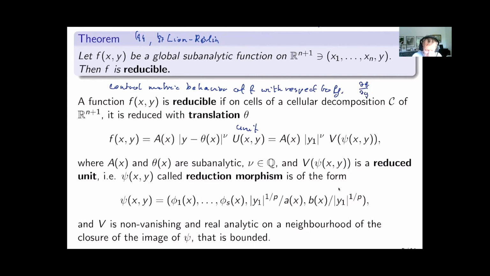Because when you differentiate, this is very easy to differentiate with respect to y, but actually this form allows you to say that this derivative, up to a constant, is bounded by f divided by y minus theta. Okay, so far so good. So this is this preparation theorem.